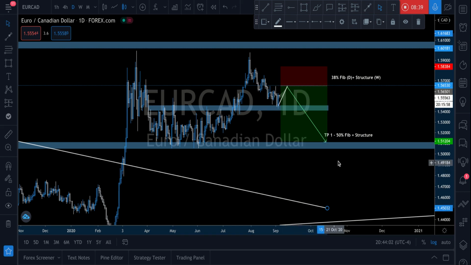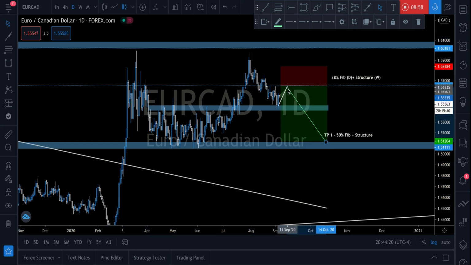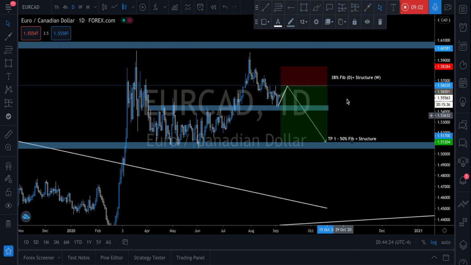So what we're going to want to see is something being tested around here or potentially even right here and see another push upwards and then look for shorting opportunities once more. But we're in a shorting environment for this particular trend. However, the ultimate trend to be safer, and the one that we're looking for on the long-term trade for our long-term traders, is a long. So as of right now, this is kind of what we're looking at.